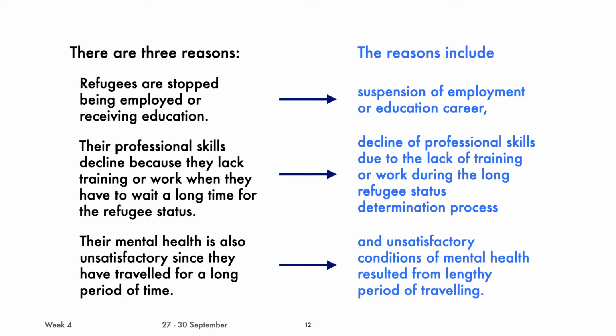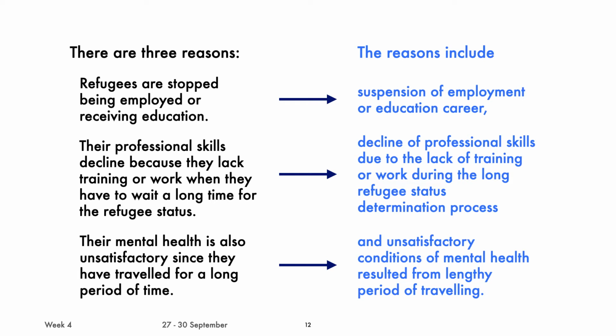So we chose a suspension. When we say suspension, we have to move on and say something about employment because we have employed. So we can turn it into employment, another nominalized phrase, or education career. Okay, so maybe you don't have to use career. You simply say suspension of employment or education.